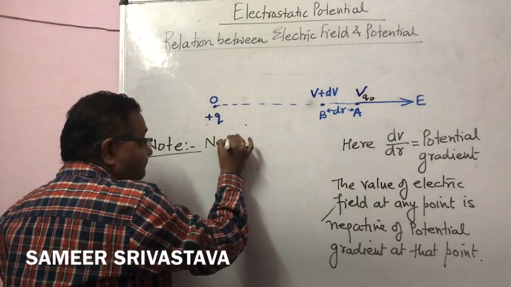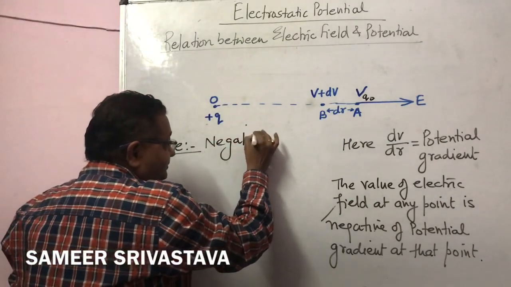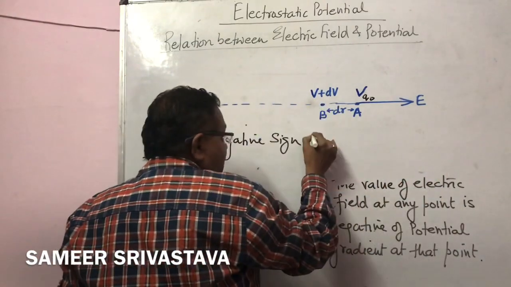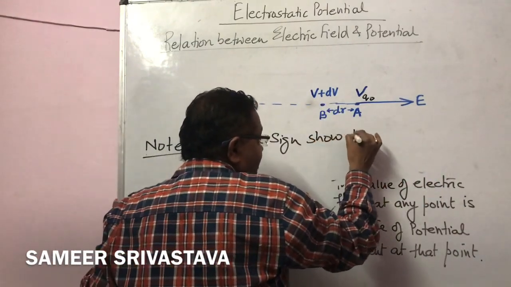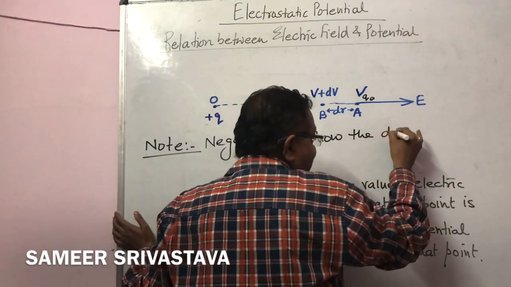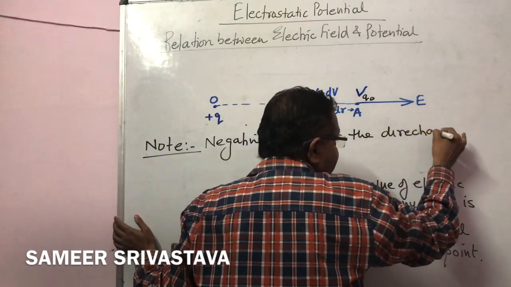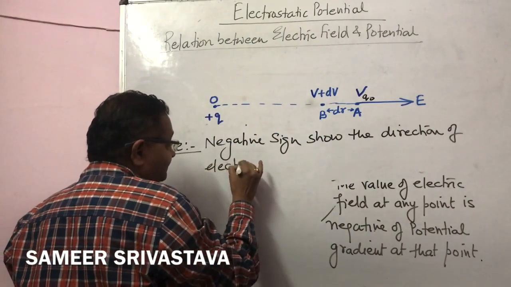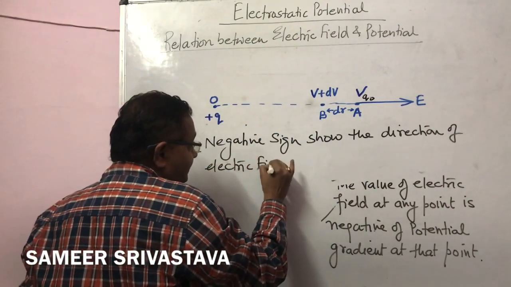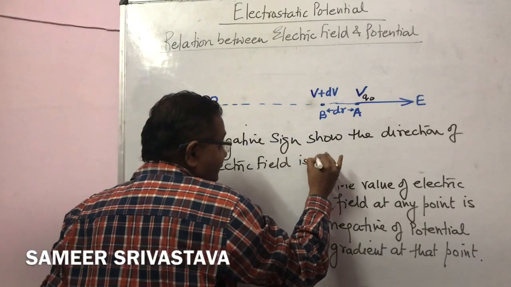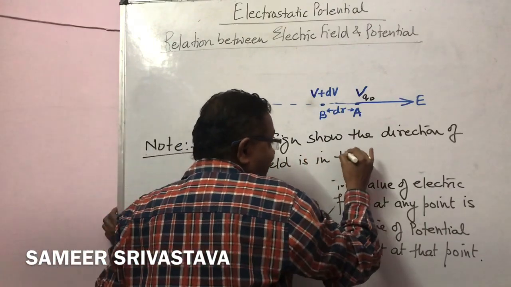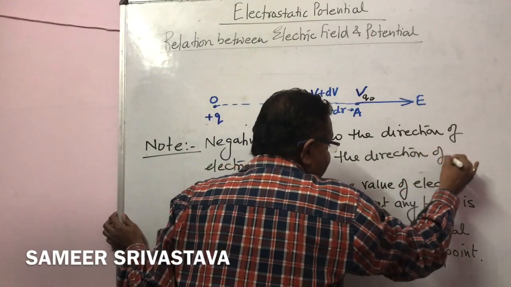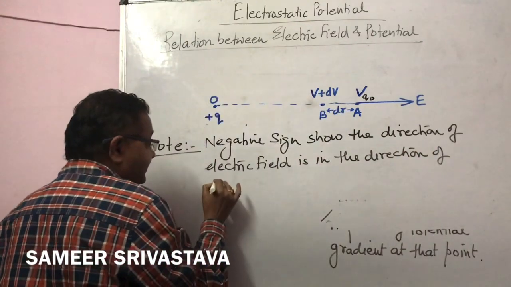The negative sign shows that the direction of electric field is in the direction of decreasing potential.